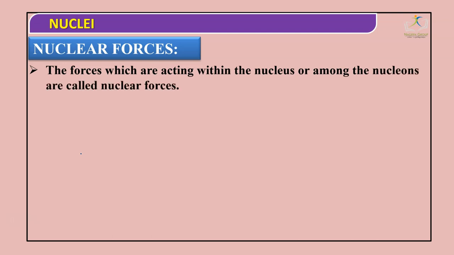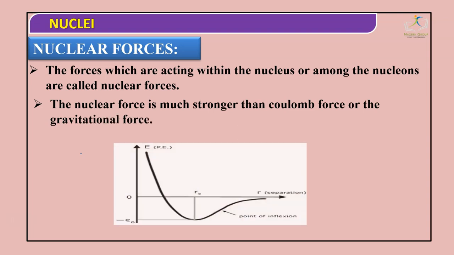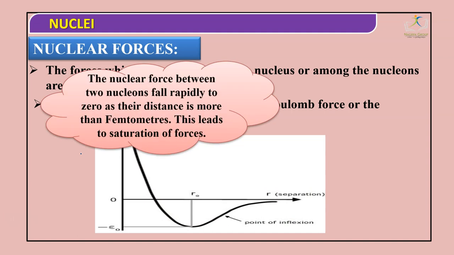Next, the forces acting within the nucleus, among the nucleons, are called nuclear forces. Nuclear forces are much stronger than Coulomb force or gravitational force. The nuclear force between two nucleons falls rapidly to zero when their distance is more than a few femtometers.